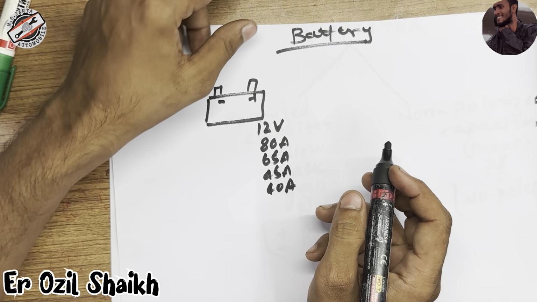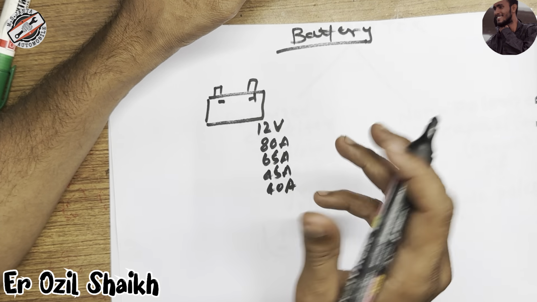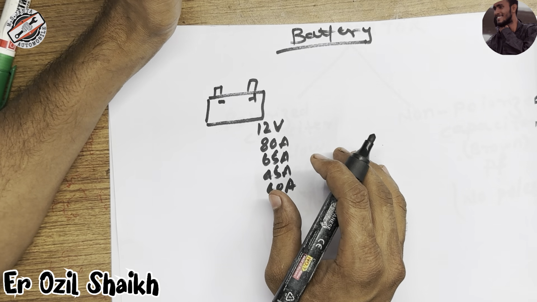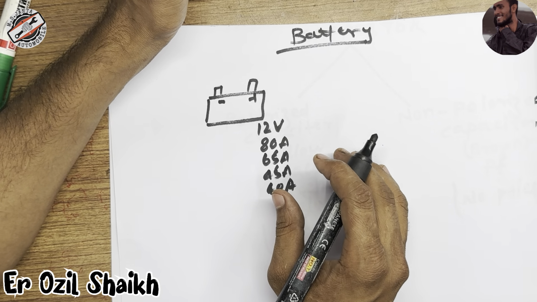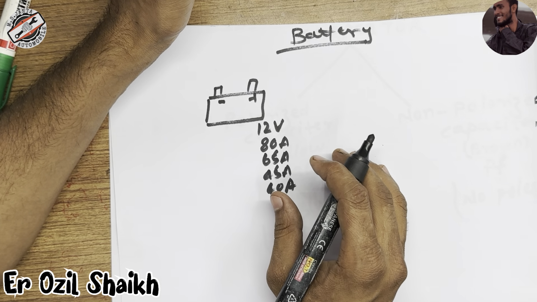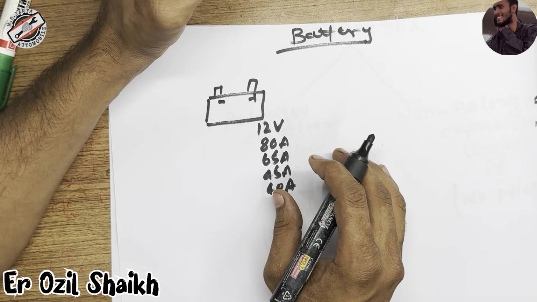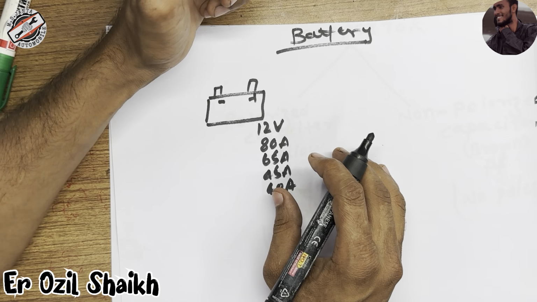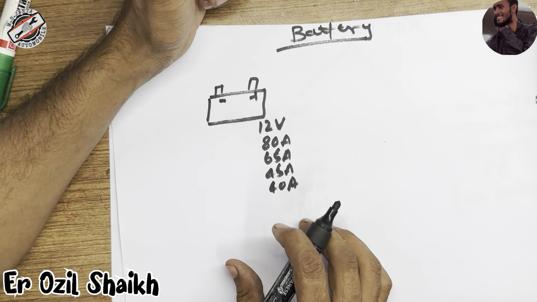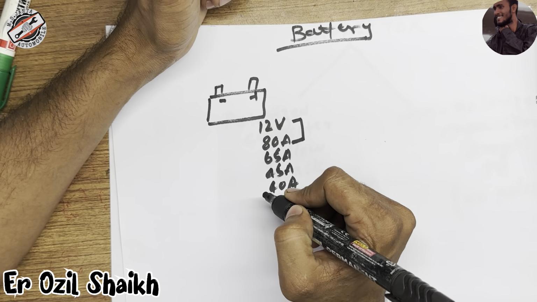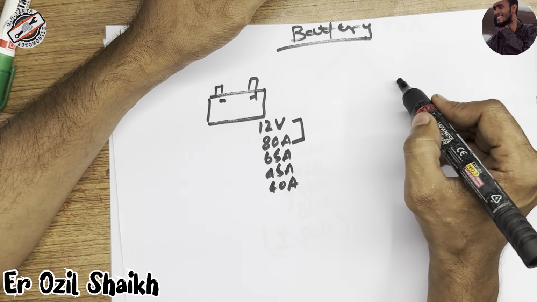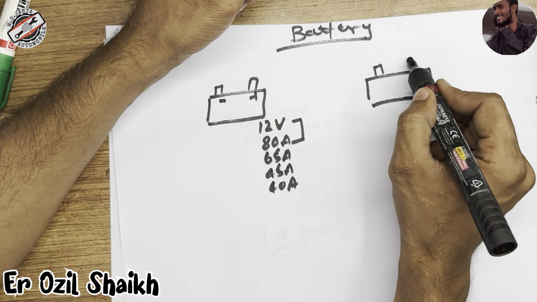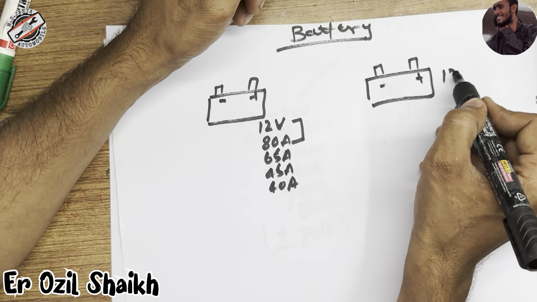It depends on the size and use of your vehicle, and what components and accessories are used in your car. Suppose we have a 12 volt 80 ampere battery, and if you have one more battery, this is minus, this is plus, this also is 12 volt 80 ampere.